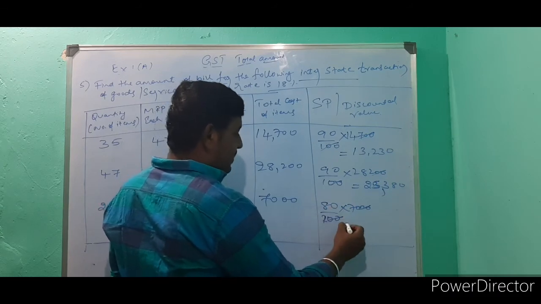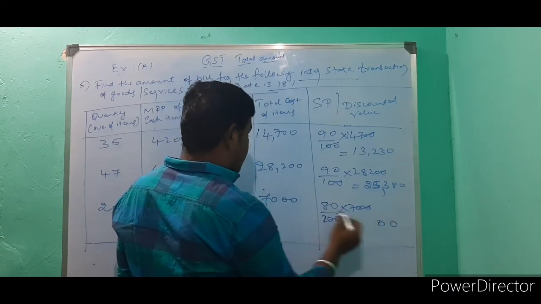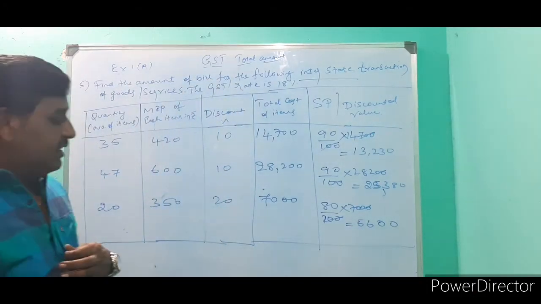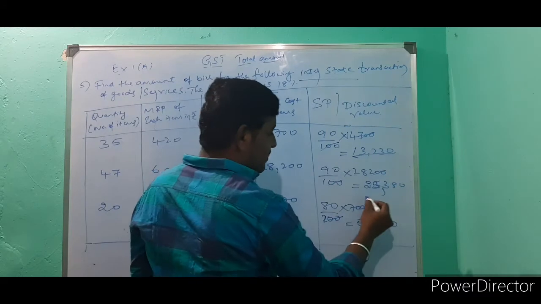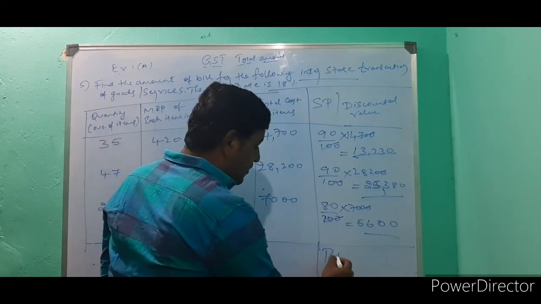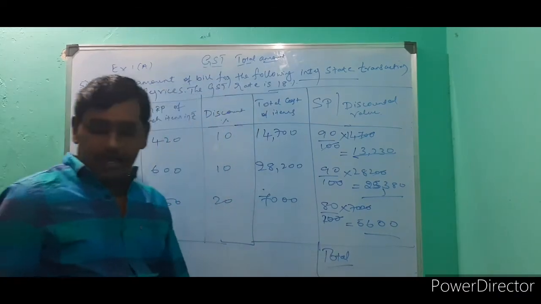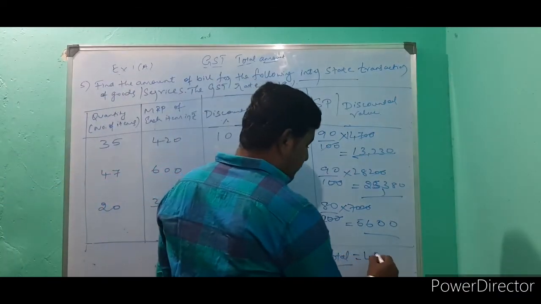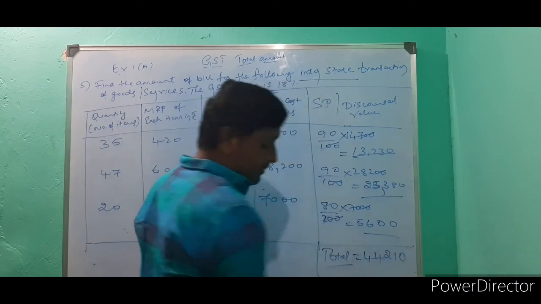The zeros get cancelled, and we get 5,600. If you add all these amounts, the total is 44,210.